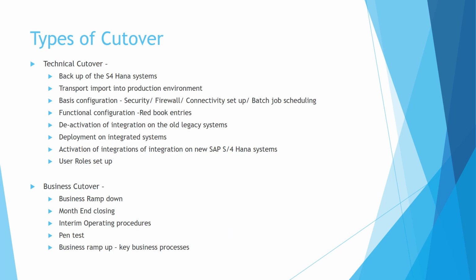Now, let's go into a little more detail about the cutover process. What are the types of cutover? Cutover can be divided broadly into two different categories: technical cutover and business cutover. Basically, any activities linked to the setup of the system, or any technical activities performed by the basis team, the functional team, the security team, or any other technical team, such as the network team, all come under technical cutover. And the other is business cutover.